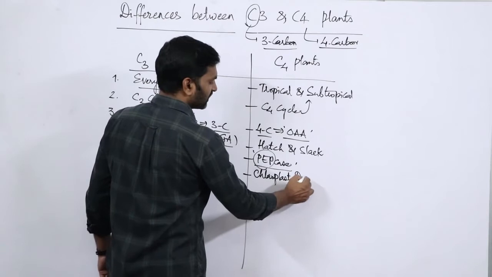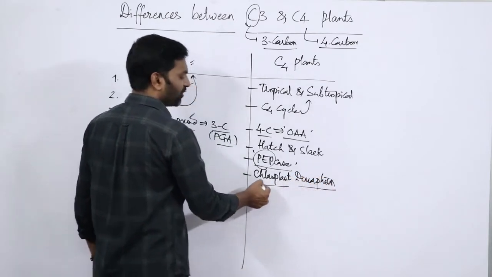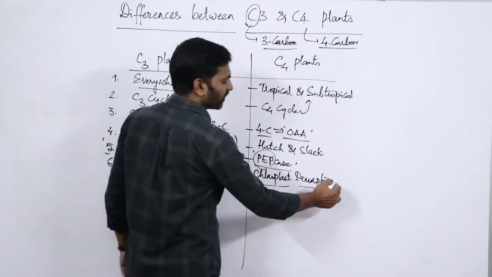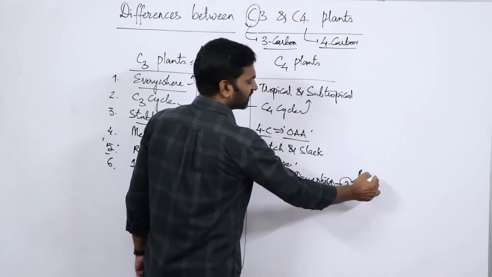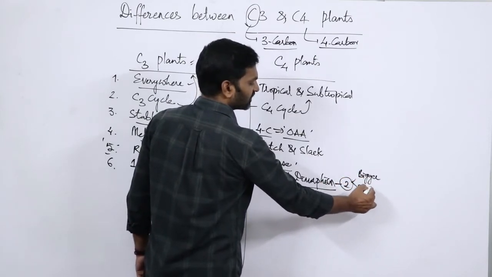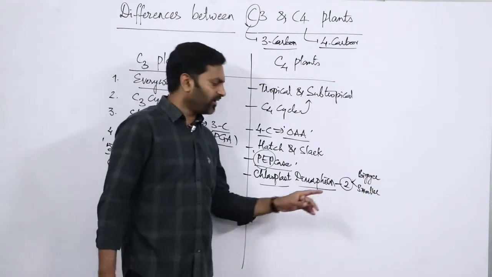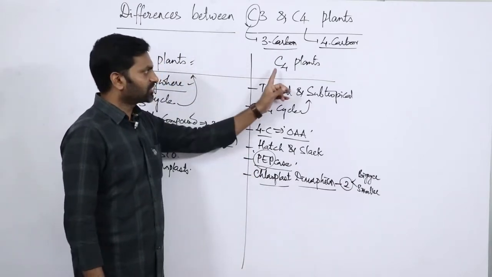Chloroplast dimorphism means there are two kinds of chloroplasts: one type is bigger chloroplasts and the second is smaller chloroplasts. So two kinds of chloroplasts are seen in C4 plants.